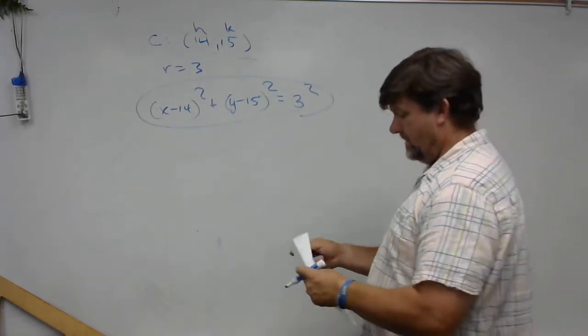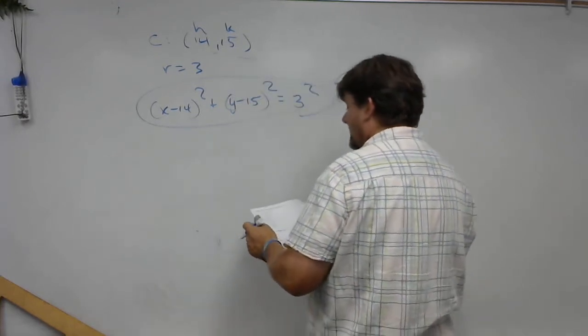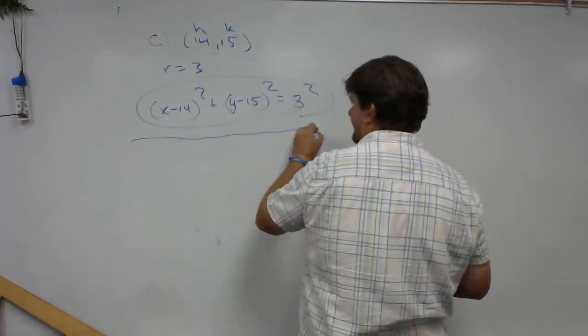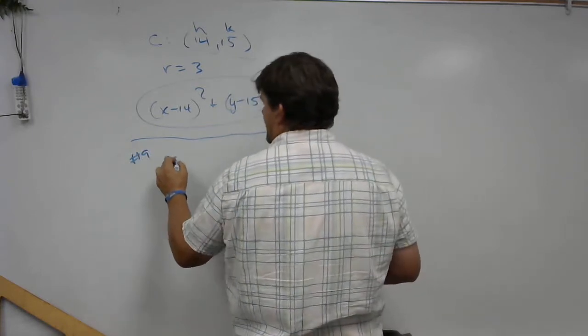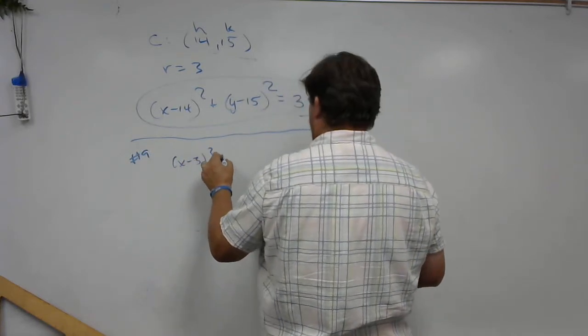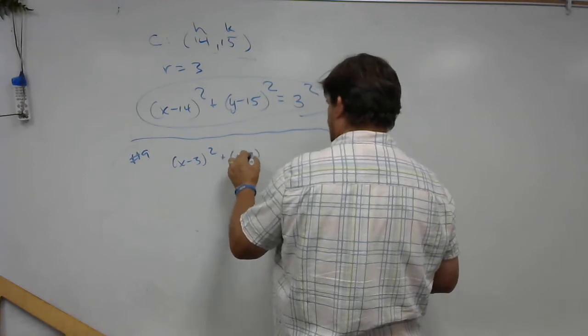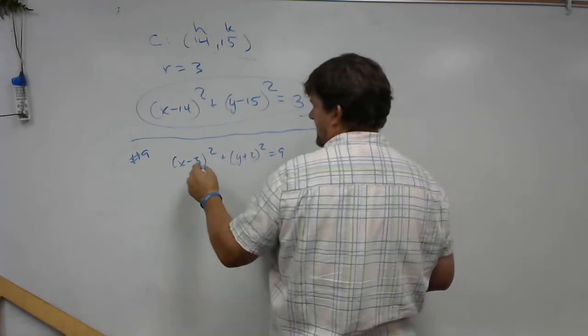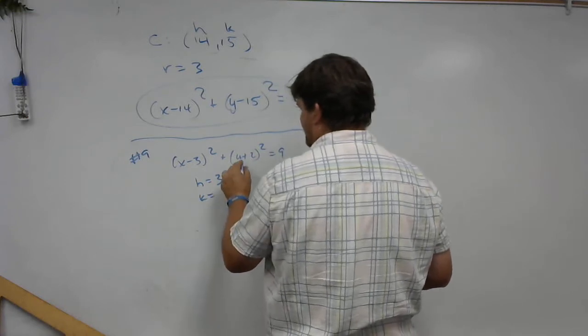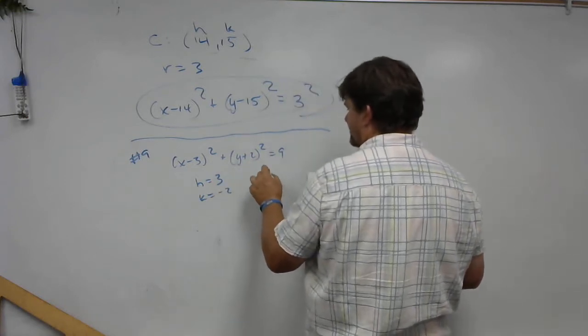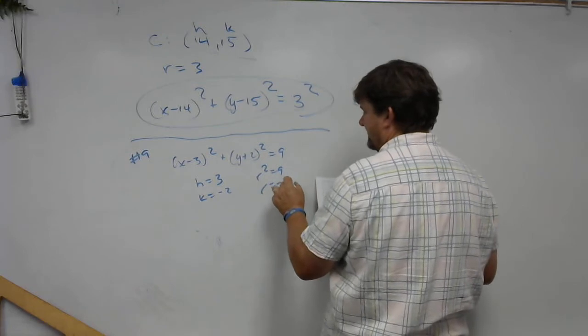Number 9. We're at 10 minutes. We're rolling today. Number 9, x minus 3 squared plus y plus 2 squared equals 9. This is going to become h is equal to 3, k is equal to negative 2, r squared equals 9, r equals 3.